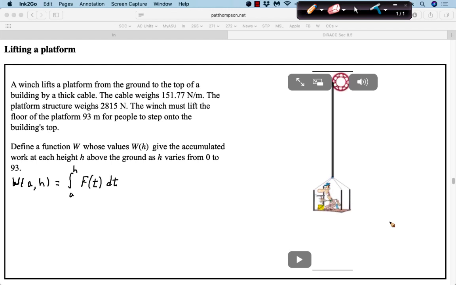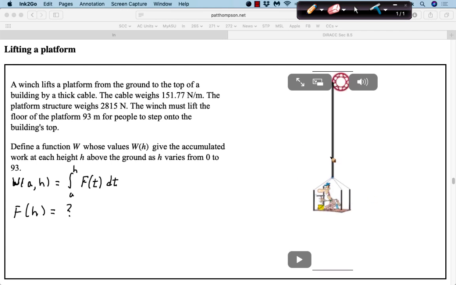Okay, so we need the force as a function of h. So our goal here is, if we can write force as a function of h, then we got it. So what's the structure of this function going to be? What's the rule going to be for force as a function of h, right? So what are we asking?